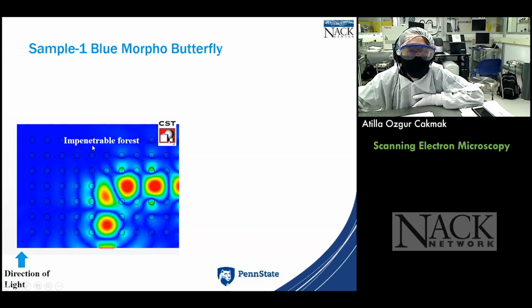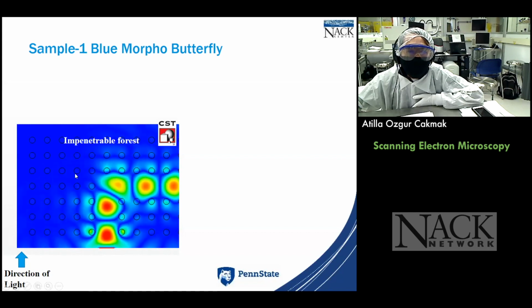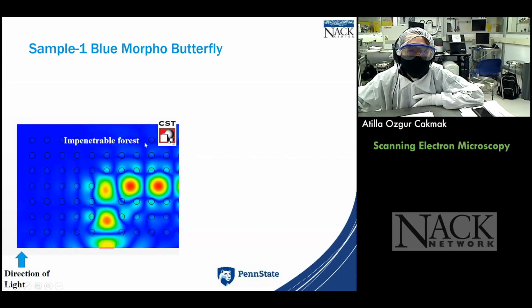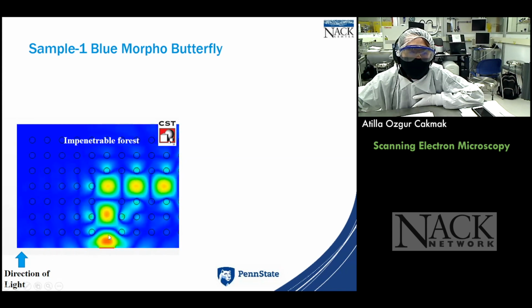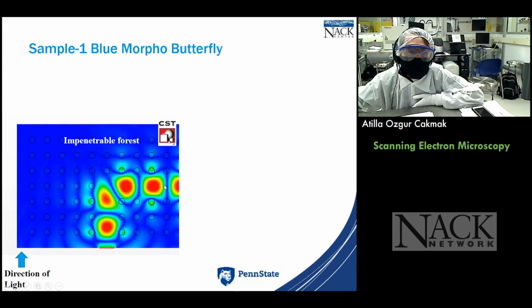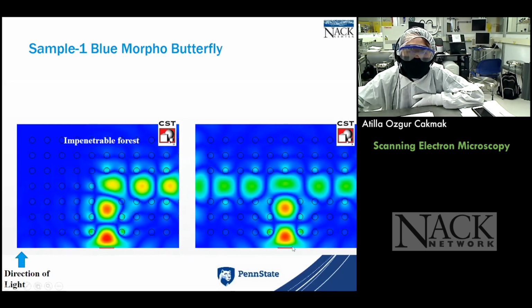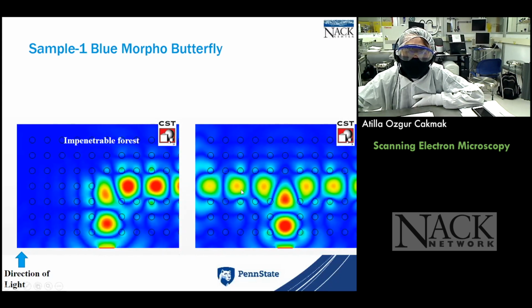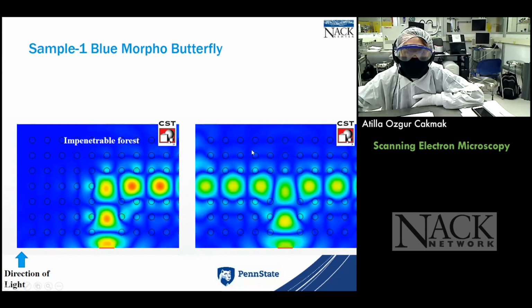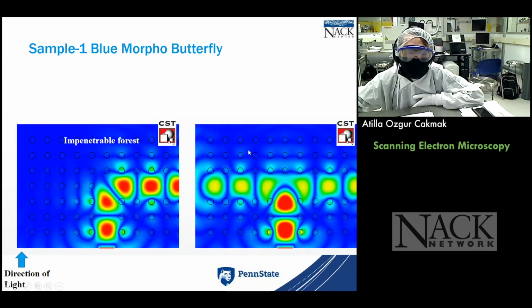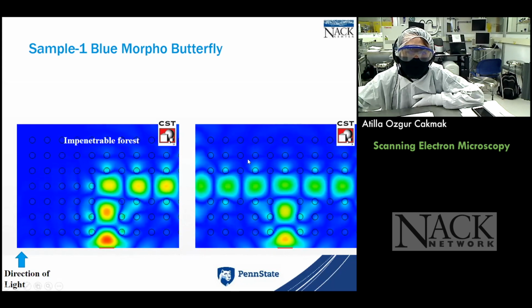Remember the blue Morpho, what we've seen under SEM, the cascaded layers won't be penetrable by the light. So the light has nothing else to do, just follow the defect here, the line. What happens if we would like to do it more, like just create what we call a beam splitter? There you go. Now the listener here won't have a lot of chance because it doesn't leak through this whole forest here.